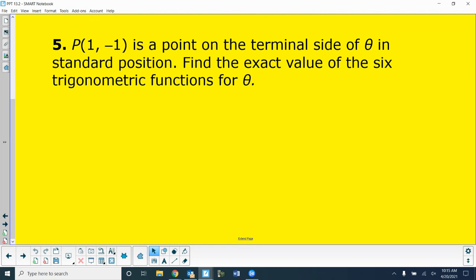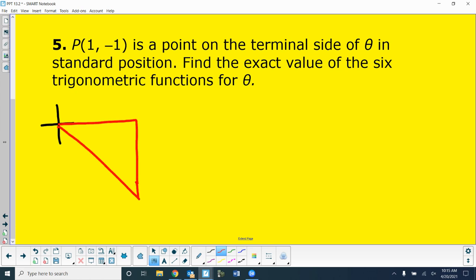What quadrant is this point? Fourth, thank you. If I do my XY axis right here, quadrant 4 is down here, right? What's this length? 1.